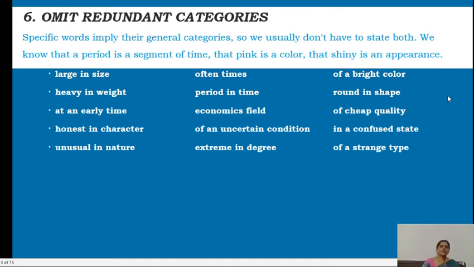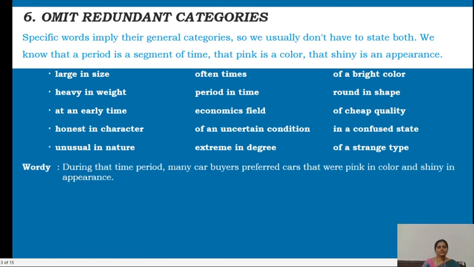When you come across such categories, instead of going to the category, you just make use of only that particular word. There is no need of again stating the category of that word. That is implied. During that time period, many car buyers preferred cars that were pink in color and shiny in appearance.